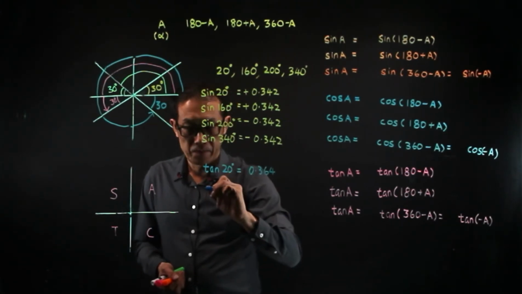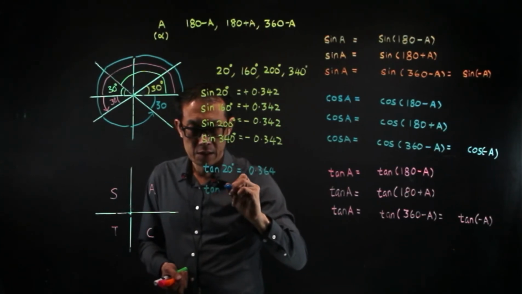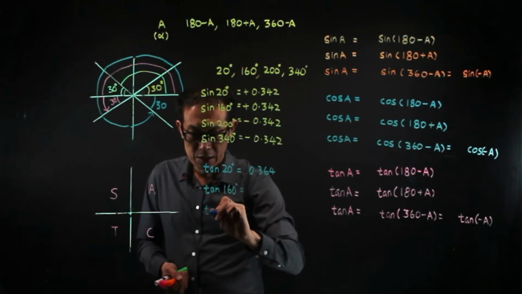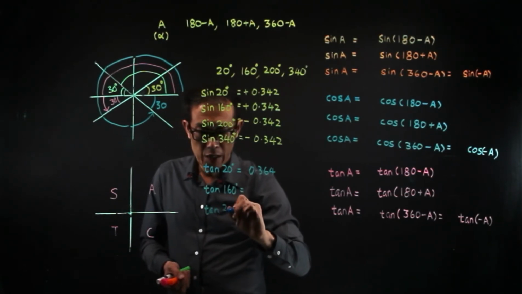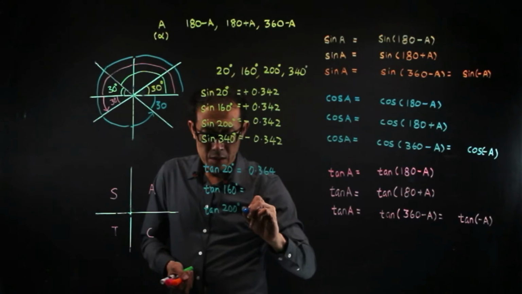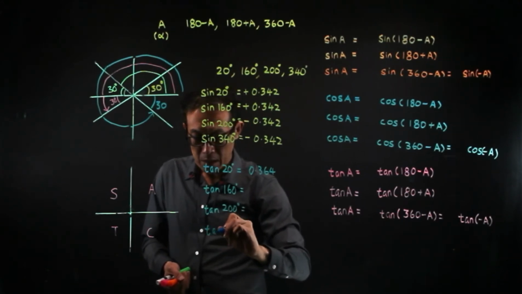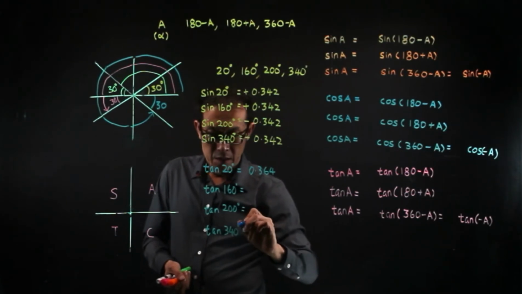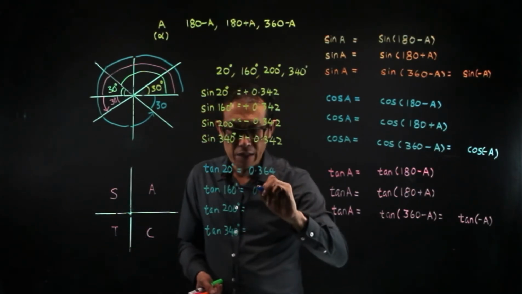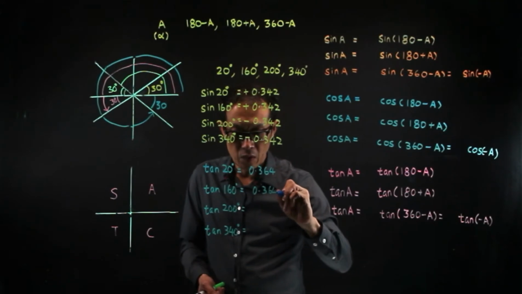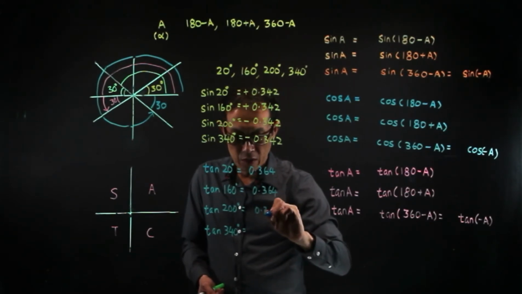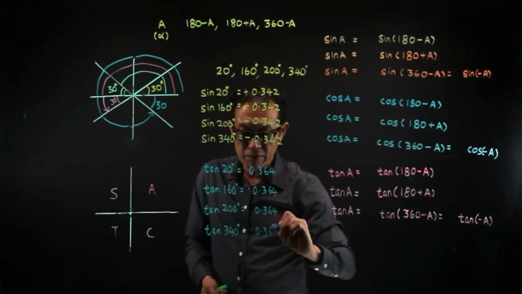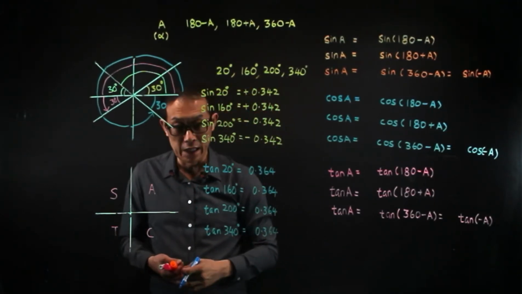Then let's try tangent 160, tangent 200, and tangent 340. You've noticed that all of them give the same value, 0.364. But some of them will be positive and some of them will be negative.